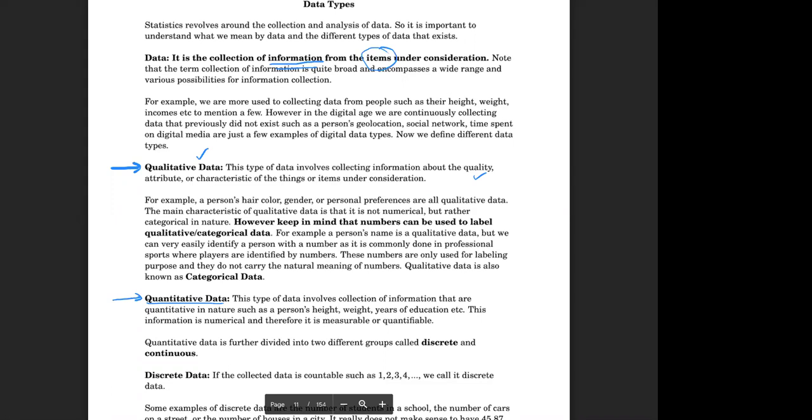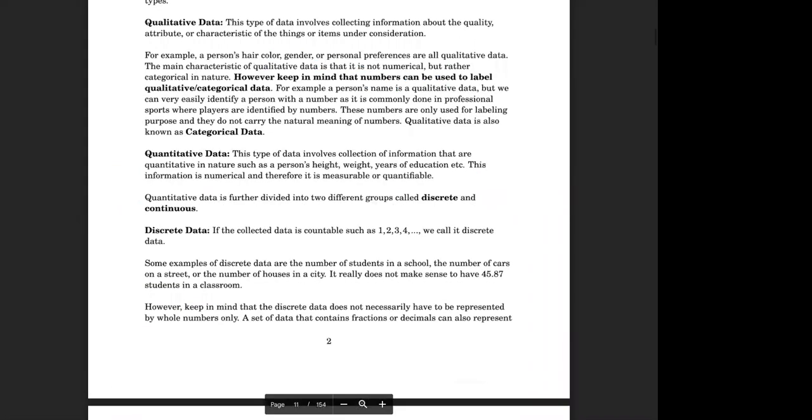Now quantitative data could be further divided into two groups, discrete and continuous. Discrete data, remember, the main property is countable. It's kind of like the whole numbers, 0, 1, 2, 3, 4, etc. And then you could have continuous data. Continuous data comes from an interval on the number line.